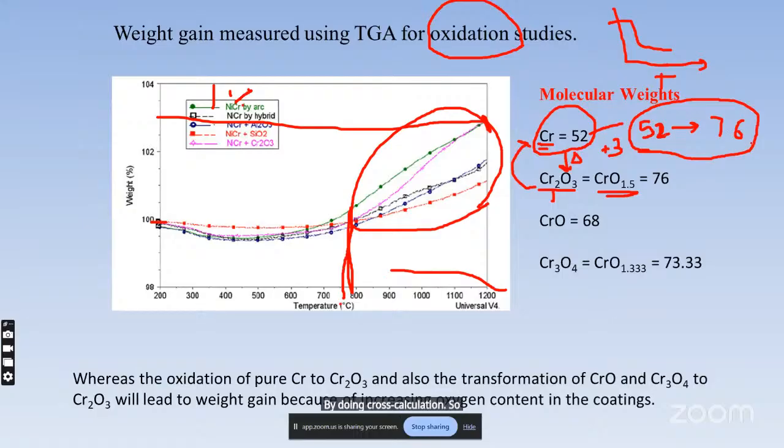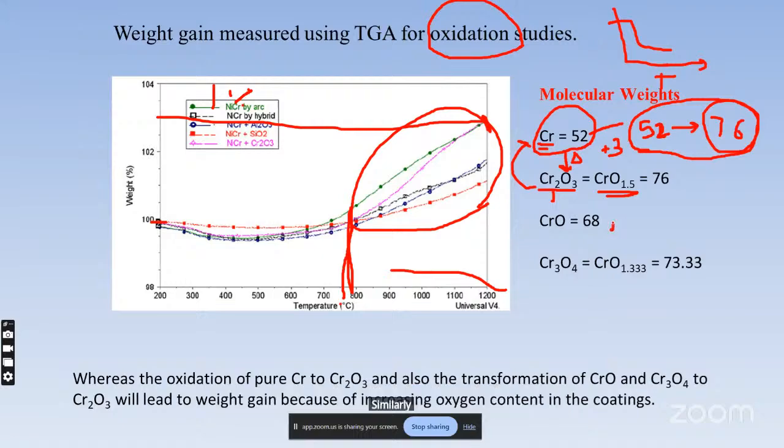So there is a gain. Now, not all of the chromium atoms are getting oxidized. Only certain chromium atoms which are on the surface of this alloy will get oxidized, so that your sample will gain weight during heating in the oxidative environment.